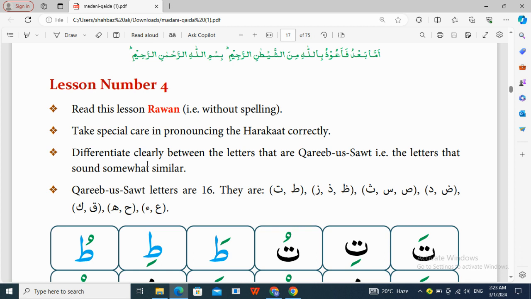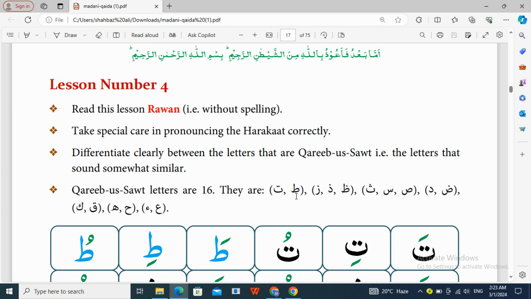Differentiate clearly between the letters that are qaribus-sawt, the letters that sound somewhat similar. Qaribus-sawt letters are 16.